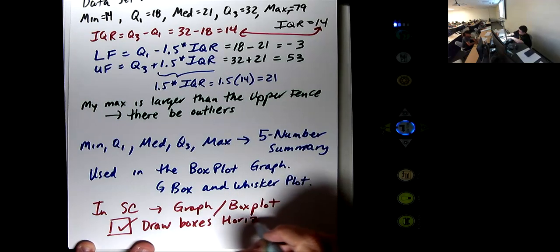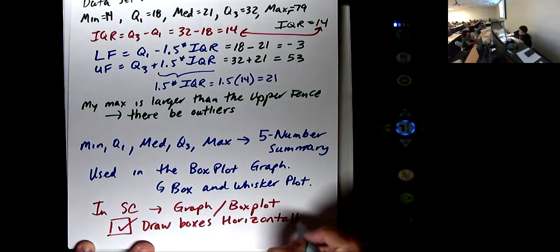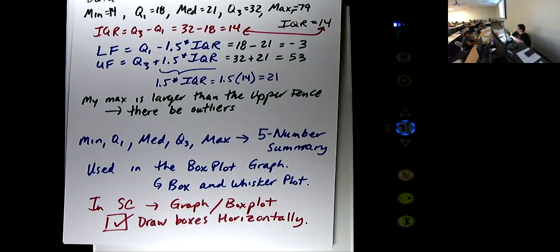It comes unchecked. Other than choosing your column, that's the only change you gotta make. There's a box on there that says use fences to identify outliers. It's already checked. It gives us a way of showing our outliers on the graph.